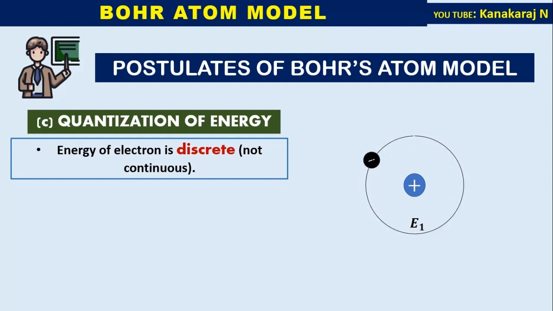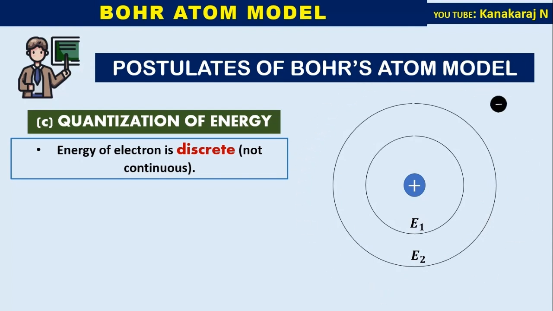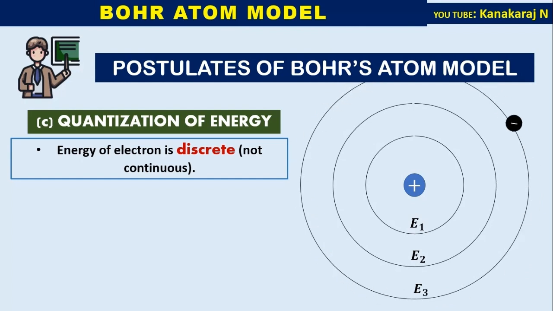When the electron revolves in the second orbit, it has a higher energy, a fixed value equal to E2. The same way, the electron revolving in the third orbit has energy E3. E3 is greater than E2. E2 is greater than E1.